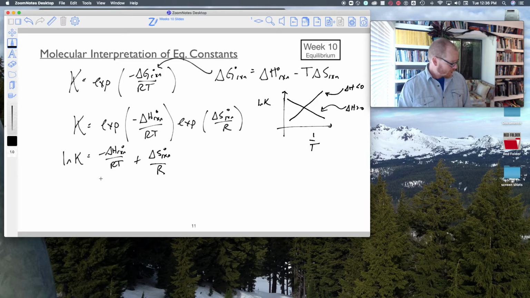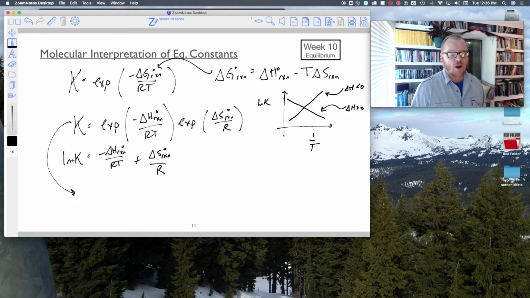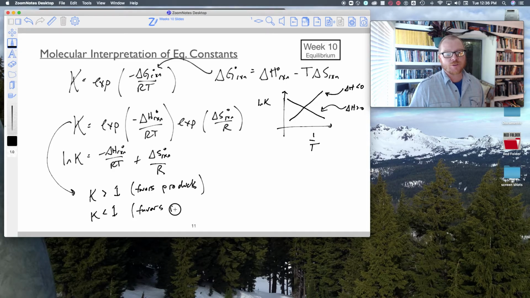Okay. Fantastic. And so in terms of equilibrium, what this favors now, if I go back to this expression right here, we also remember from our Gen Chem, what does K greater than 1 mean and what does K less than 1 mean? Hopefully you remember this, but K greater than 1 we know favors products, and K less than 1 favors reactants.